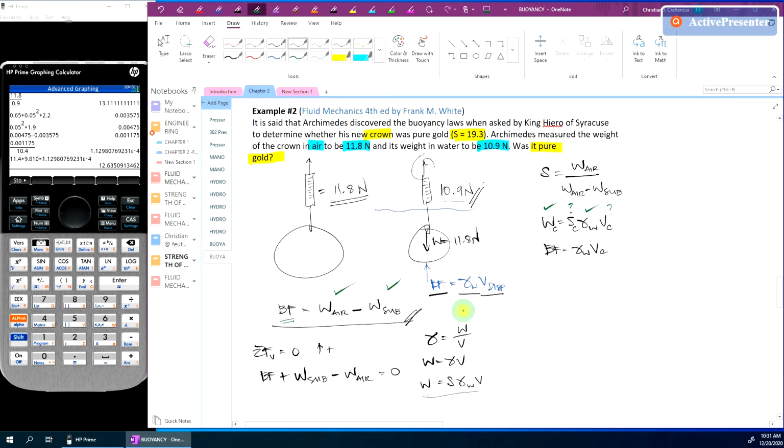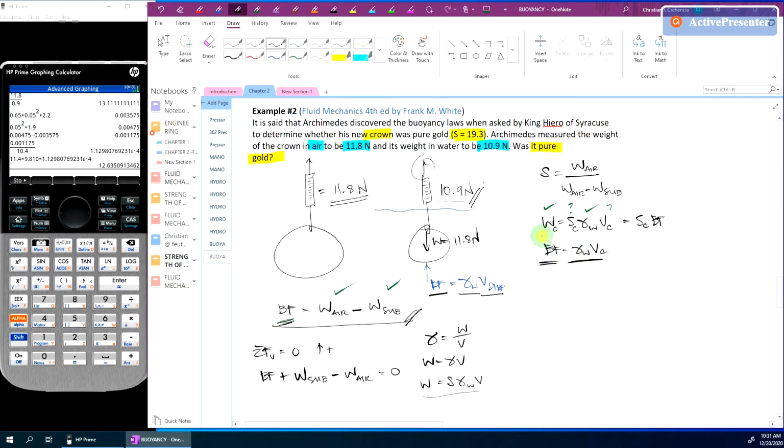If we substitute this into our equation, the weight of the crown is the specific gravity of the crown multiplied by the buoyant force, where the buoyant force is the weight in air minus the weight submerged.